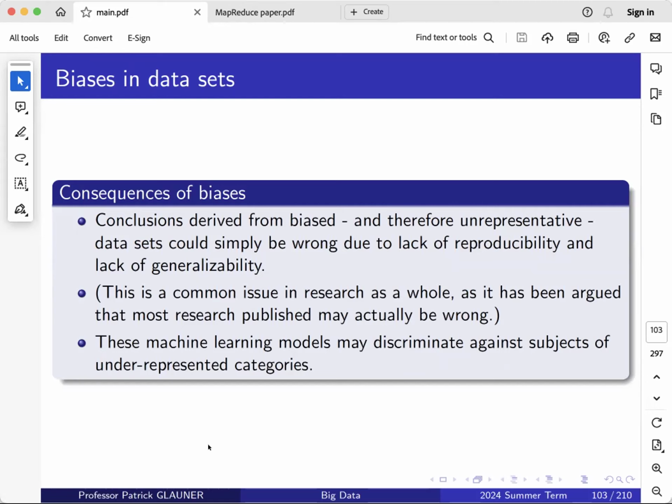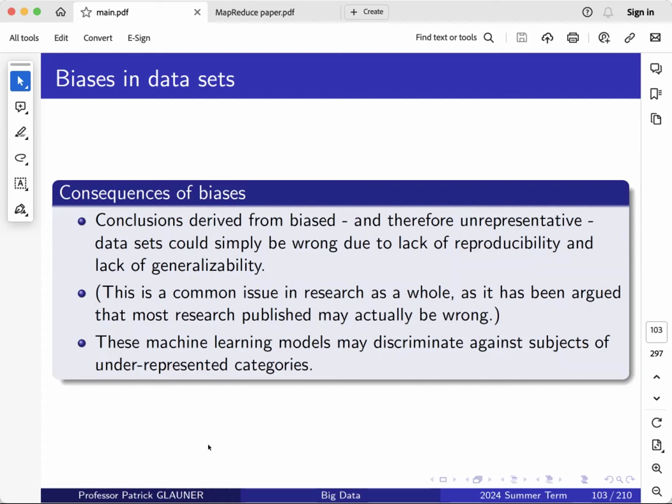Those issues are not just in machine learning. It's been argued in a paper some years ago that most quantitative research published is actually wrong because the data set used was maybe not representative or biased to some extent.